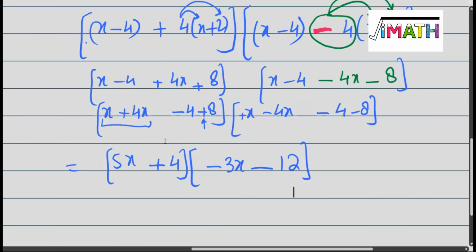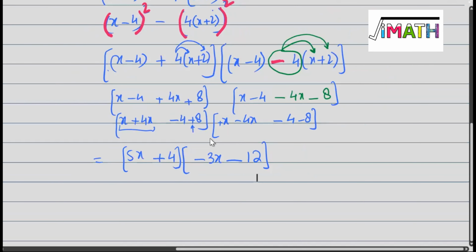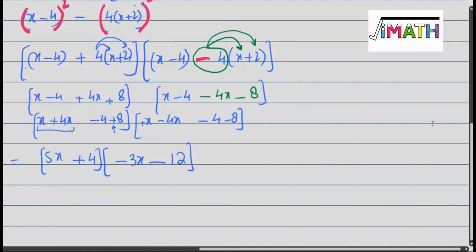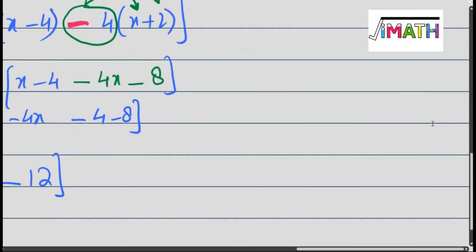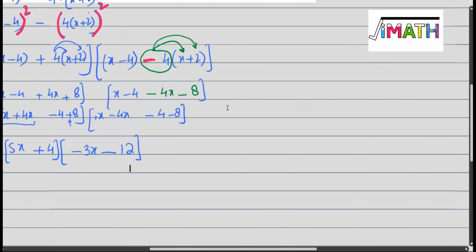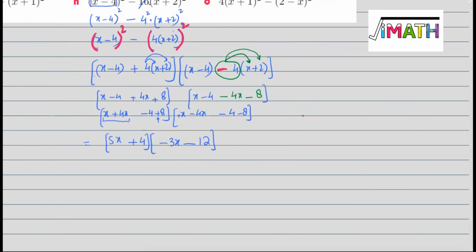Okay, that's it. Wait, I have a question. Yeah. How did you get 5x and negative 3x? Yeah. So I have the numbers x plus 4x.